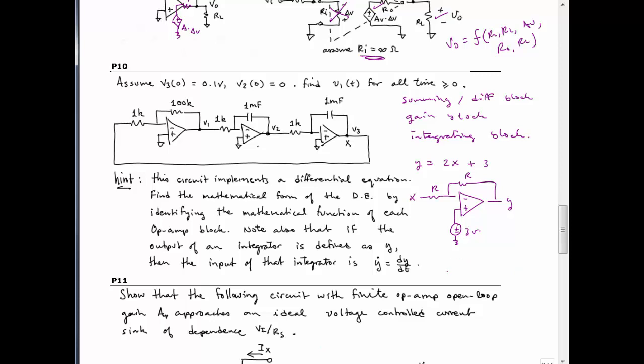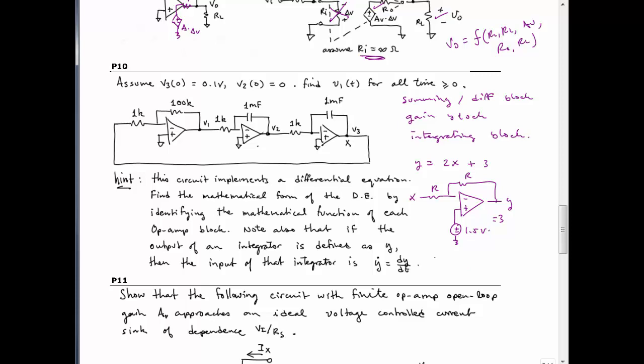If you do the superposition, when you turn X off, or Vx off, we'll actually get 1.5 times whatever the gain is of the non-inverting amplifier. The gain of the non-inverting amplifier is 1 plus R2 over R1. Well, R2 and R1 are the same, so it's 1 plus 1. So I'll get 3 volts at the output due to the 1.5 volt here.